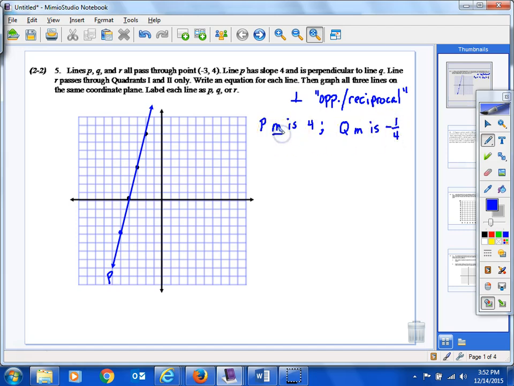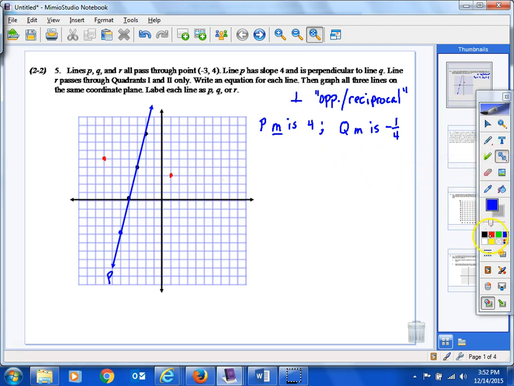I'm just using M here as the designation for slope. All right, so line Q goes through the same point, -3, 4, but this time we're going to count out a slope of -1/4. So we could go up 1 and left 4, or we could go down 1 and right 4.